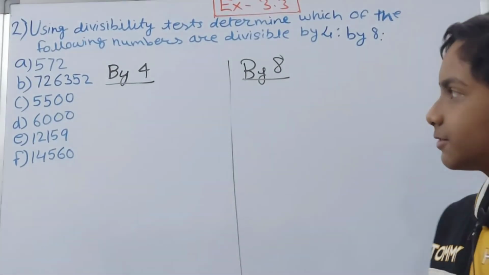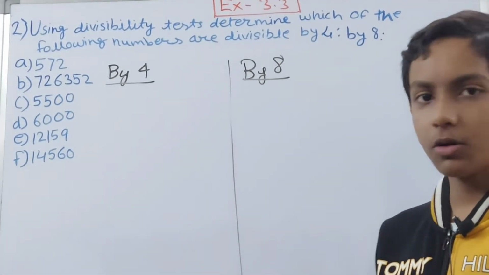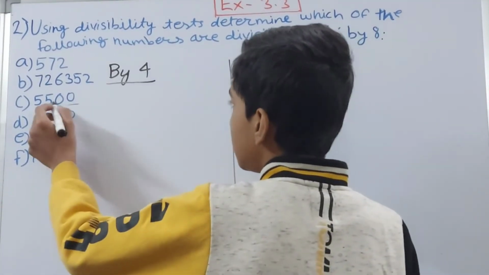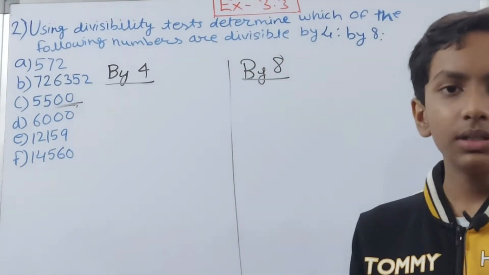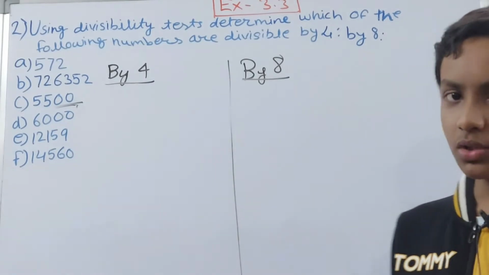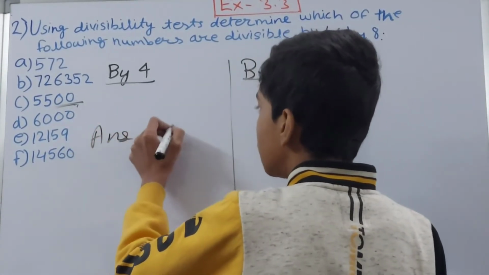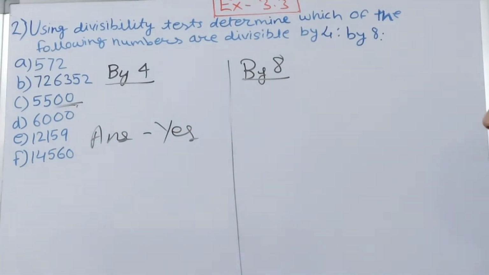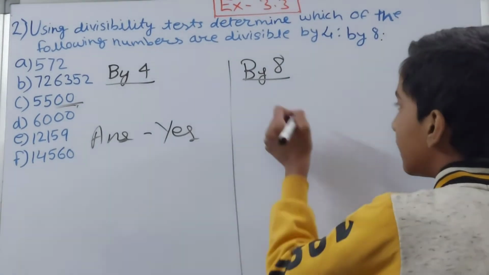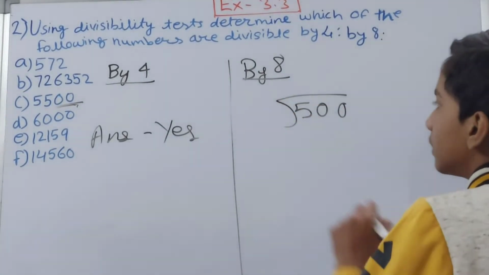Next number we have is 5500. To see if it is divisible by 4 or not, you can see the last 2 digits are 0. Whenever the last 2 digits are 0, 4 into 0 is 0, so it will also be divisible by 4. We don't need to divide anything, but since the last 2 digits are 0, it is divisible by 4. Then for 8, you take the last 3 digits, 500, and divide by 8.